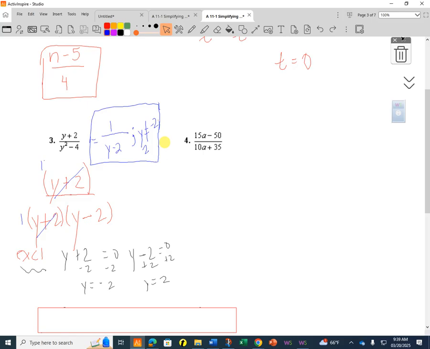I'm going to factor the numerator. What will come out of both terms in the numerator? What will come out of both terms in the denominator?